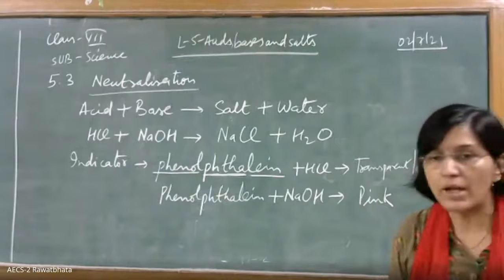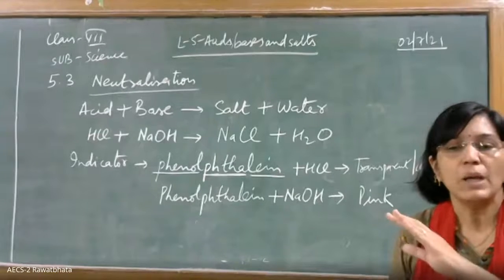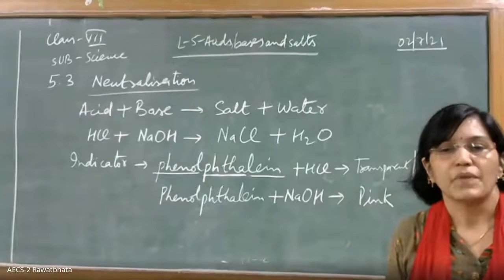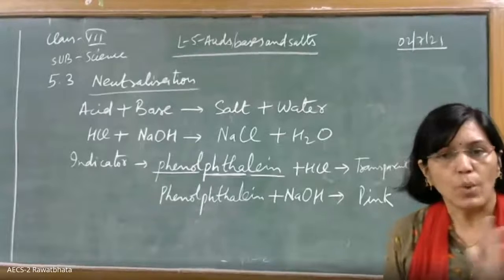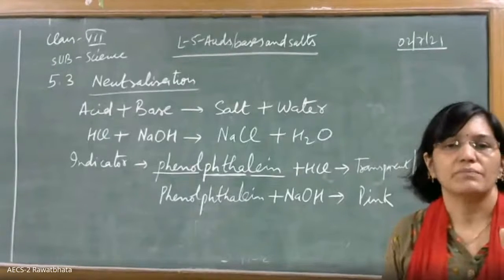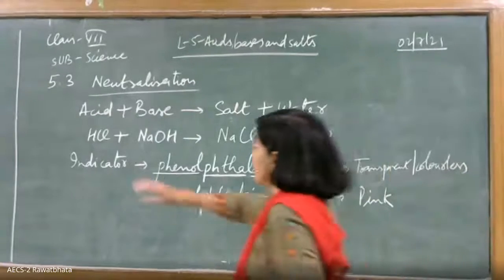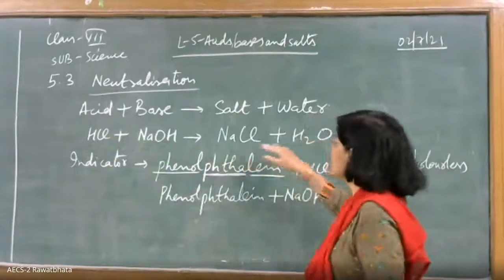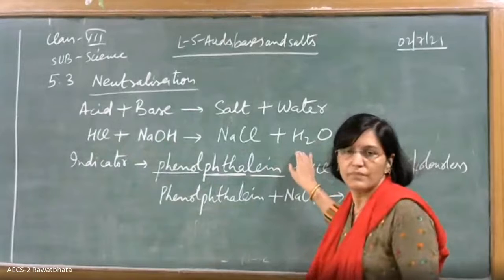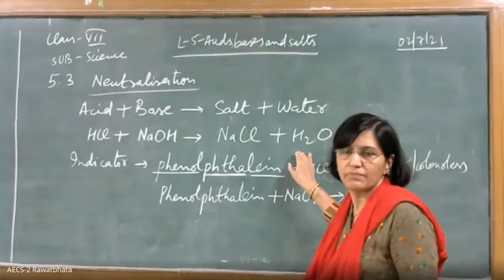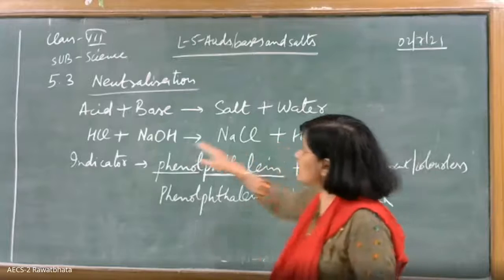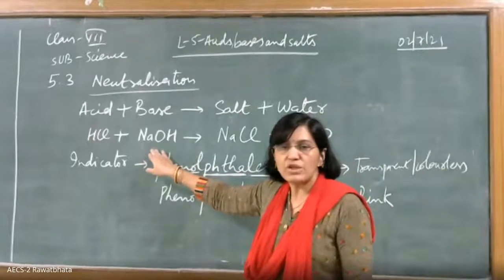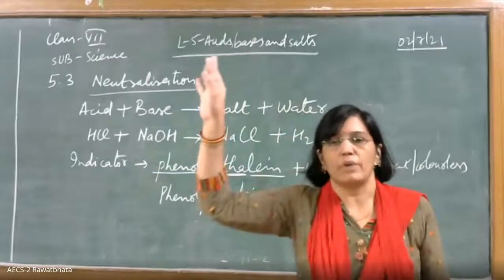Now if there is no NaOH in the tube, there will not be any pink color. Understood? No NaOH, no pink color. That means the moment I added HCl, the solution had NaCl and H2O, salt and water. So in the solution there was no more NaOH. If NaOH is not there, pink color will not be there.